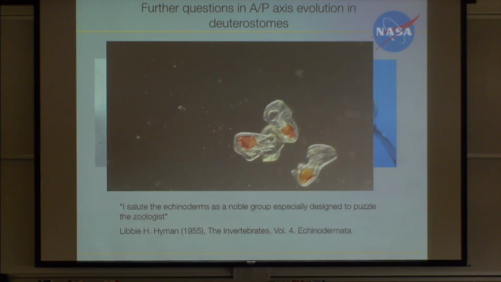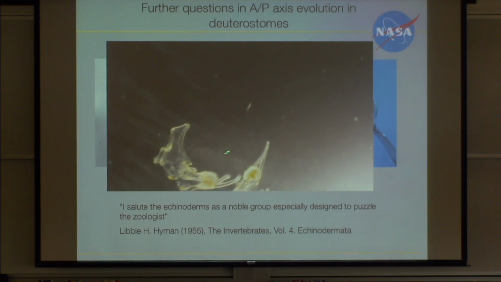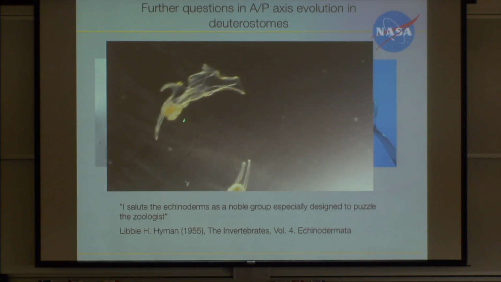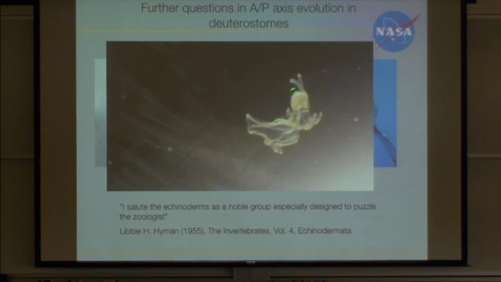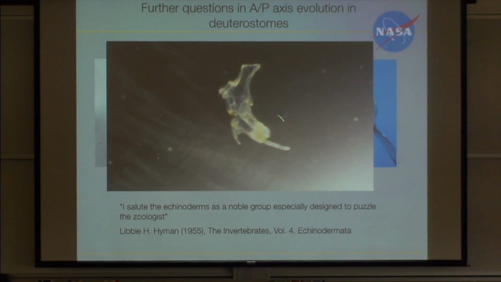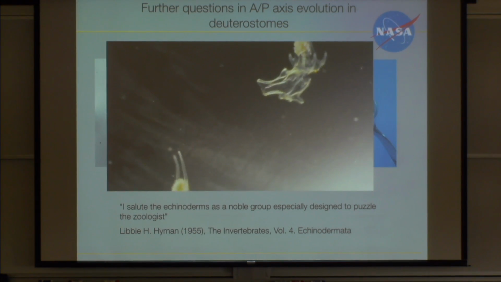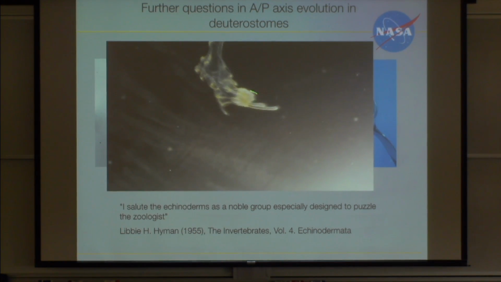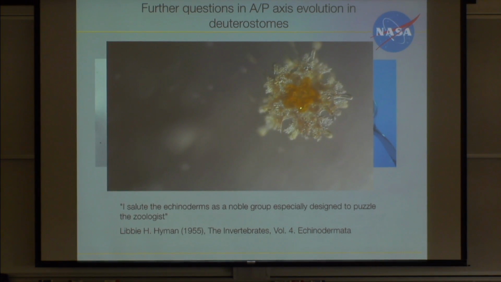I think they're beautiful animals. Somewhere in the middle of larval development, they start to form their adult body plan on the very posterior around the stomach. This is actually a baby starfish that you can see grafted onto the posterior part of the larva. This will become, at metamorphosis, the actual baby starfish.